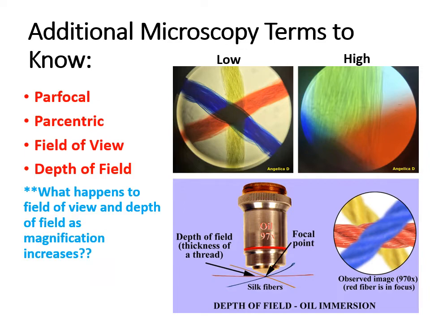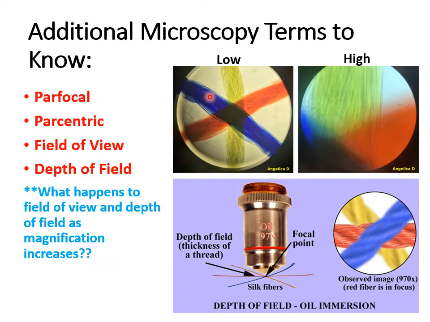Then you have field of view and depth of field. Your field of view is how much of the image you're seeing. So for instance, in this image here, your field of view would basically be the width that you are seeing. Your field of view includes all 3 colored threads. Your depth of field, on the other hand, is how many layers you can see to that image.